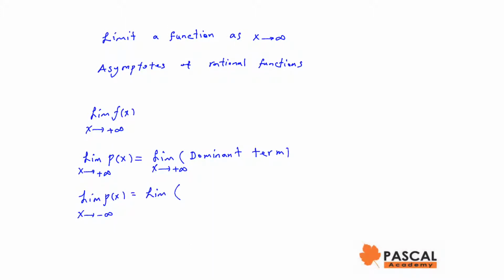This means the end behavior of a polynomial function is the same as the end behavior of the function which has only one term, and it is the term with the greatest exponent of the polynomial.